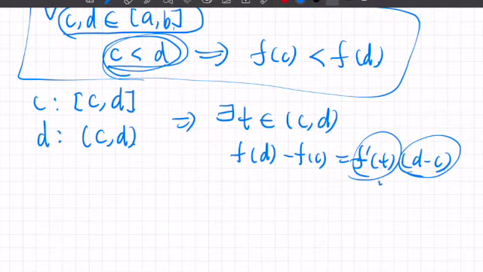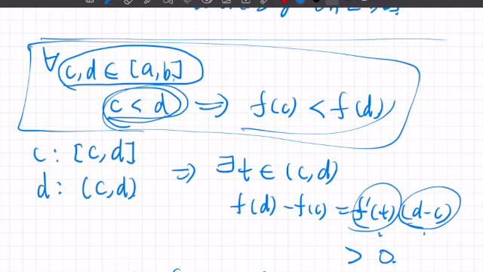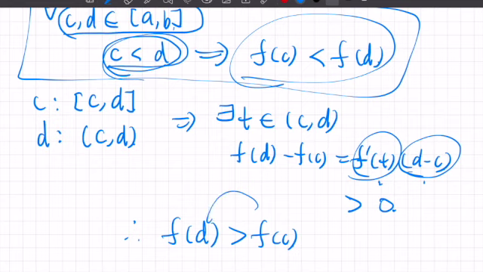So positive times positive, which is positive. Therefore, f of D is greater than f of C. So we have shown this. Just swap left and right, and we have this. So from this assumption, we derive this conclusion. Therefore, this function f is strictly monotone increasing.